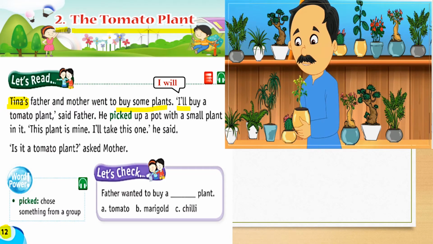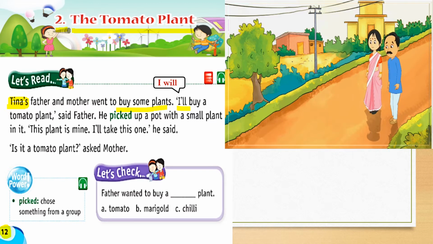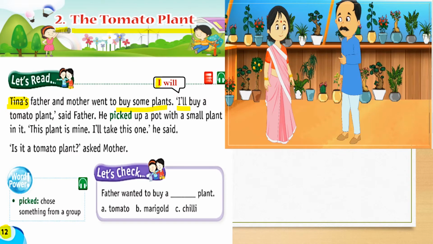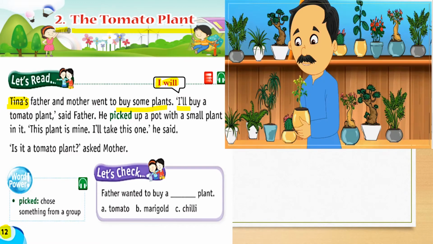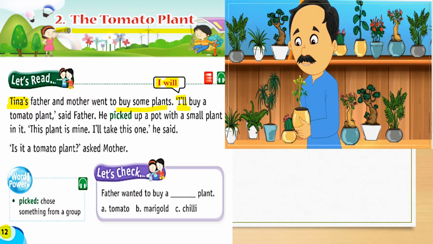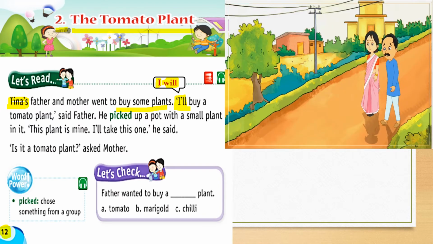Here, students, you can see I apostrophe LL is the short form of I will. The two words I and will become a short form by including an apostrophe and make one little word.